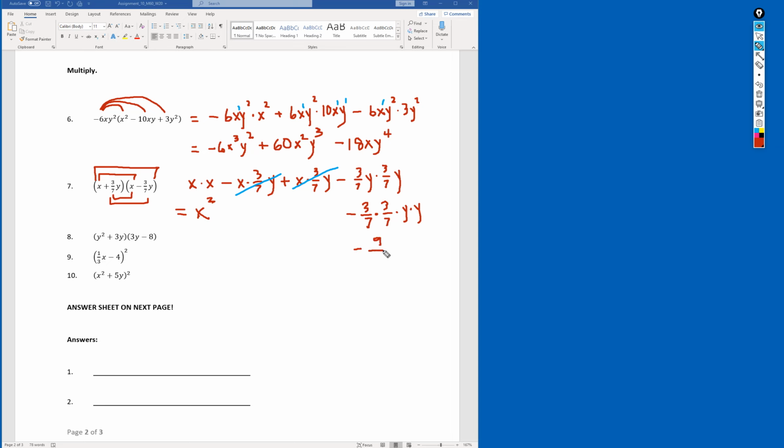And multiply the bottoms. 7 times 7 is 49. And then y times y is y squared. So x squared minus 9 over 49 y squared. That would be your final answer right there.